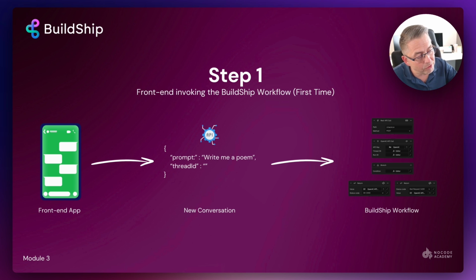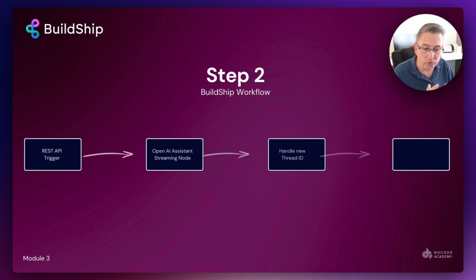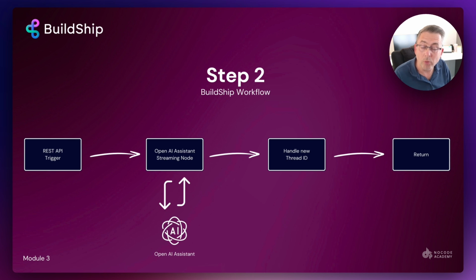That is then in turn going to invoke a BuildShip workflow, and it's that workflow which will do all of the crazy stuff for us. We're going to get hold of those input parameters that are passed into our REST API trigger, and then the magic really does happen inside the OpenAI assistant streaming node, where we'll build up all of the values that we need inside that node itself.